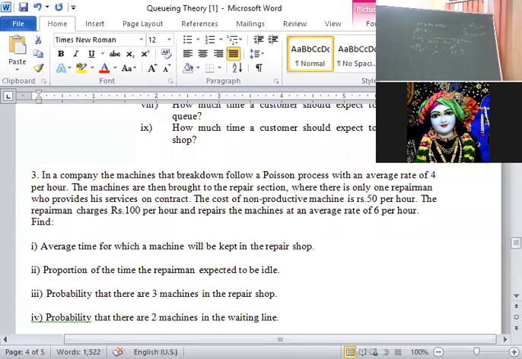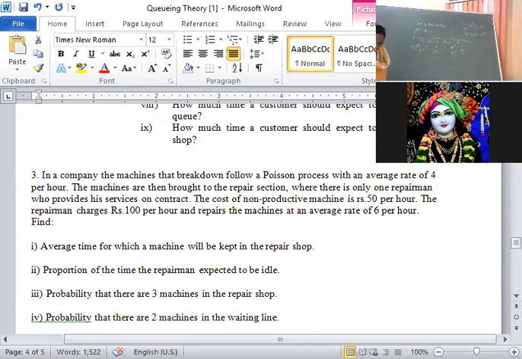Fourth one. What is the fourth one's answer? One modification for the fourth one.